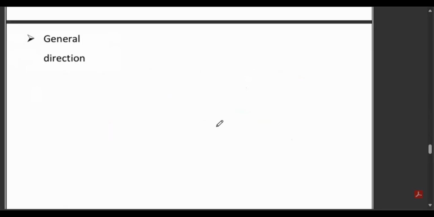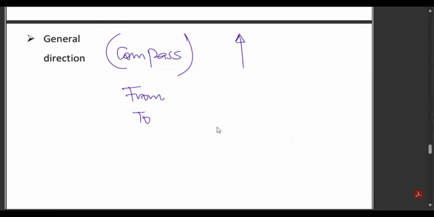General direction. Here we shall use what we call the compass. Then some words will be from and to. Get that? What's the general direction? So when we use the compass, we are looking at this famous symbol here. So it's north, east, south, and west.